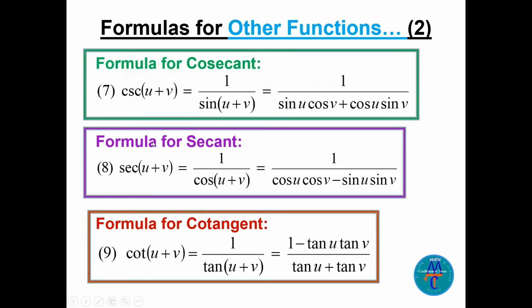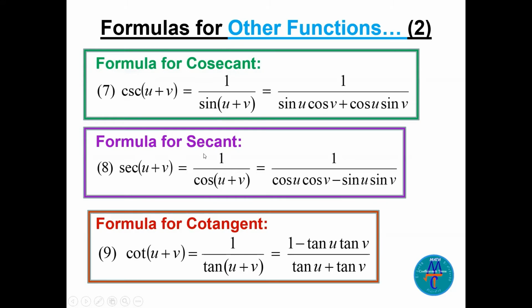Now, if you need cosecant of the sum, there is no direct formula for cosecant of the sum, but you can use the reciprocal, 1 over sine u plus v. And we know sine u plus v, sine of u cosine of v plus cosine of u sine of v, it will be 1 over all that.